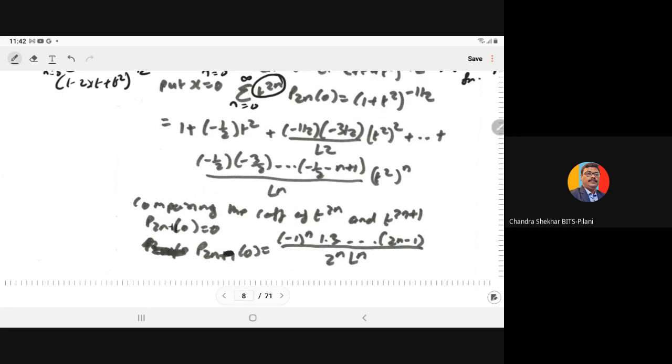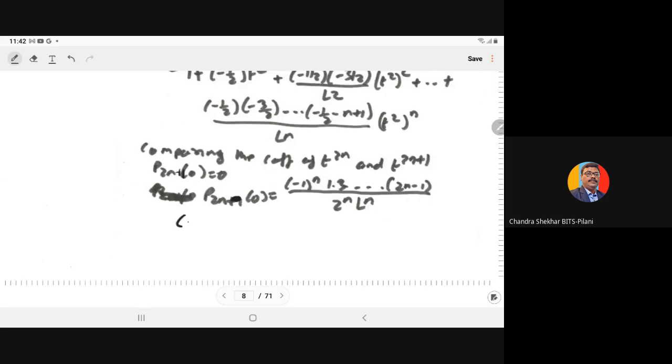Because in that term there is no t to power 2n plus 1, so P_2n plus 1 will become 0 and P_2n will become the minus 1 to power n, because from all we take that coefficient term. Here we have the coefficient minus half minus 3 by 2 dash dash dash minus half minus n plus 1 upon factorial n and t to power 2n.